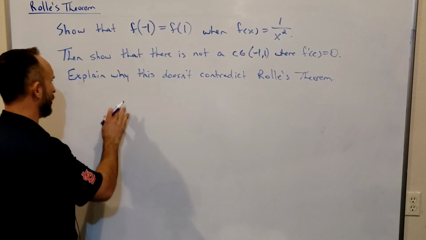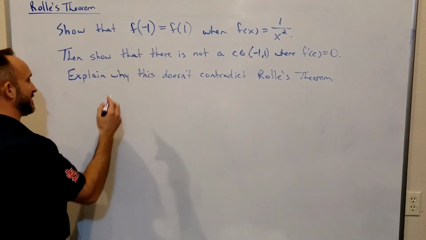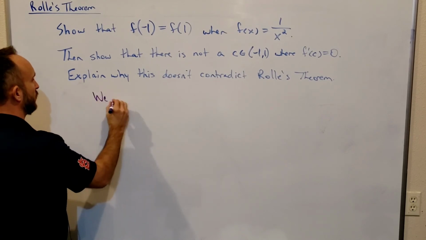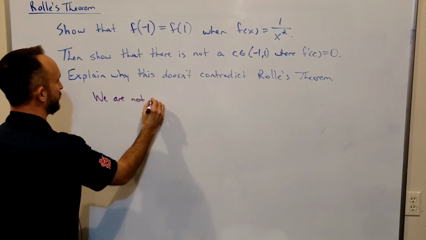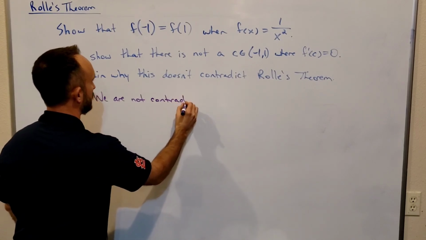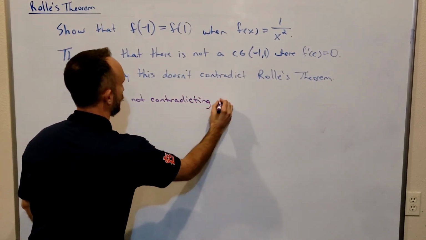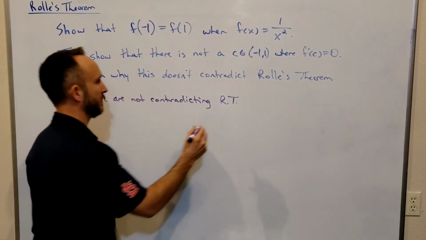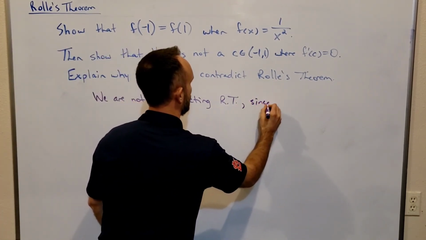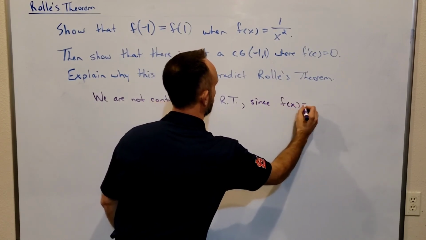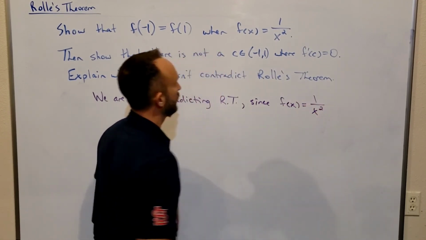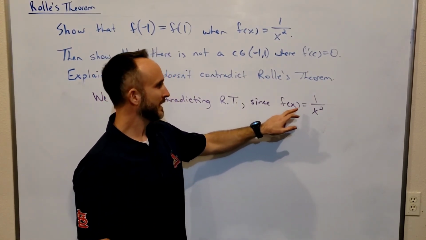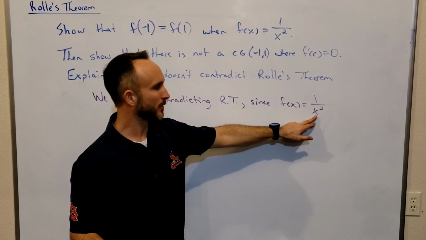So let's consider f of x equals 1 over x squared. We are not contradicting Rolle's theorem, since this function is not continuous everywhere. It's not continuous if x is 0, right?